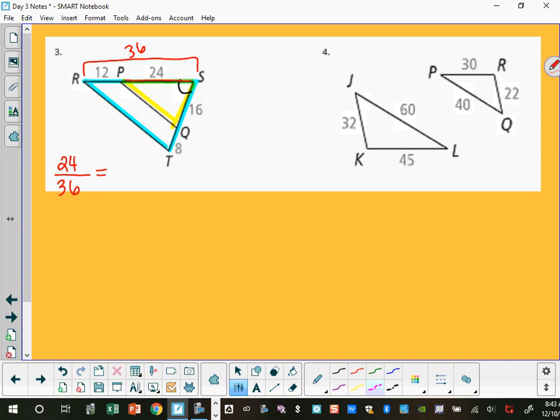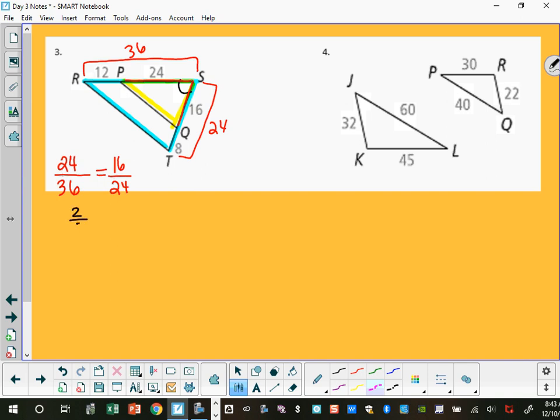Let's look at the other side. I have 16 in the small triangle. How do I find what the blue side is? 20. Alright, let's check our ratios here. 24 over 36 reduces to what? What'd you get? 2 and 3.